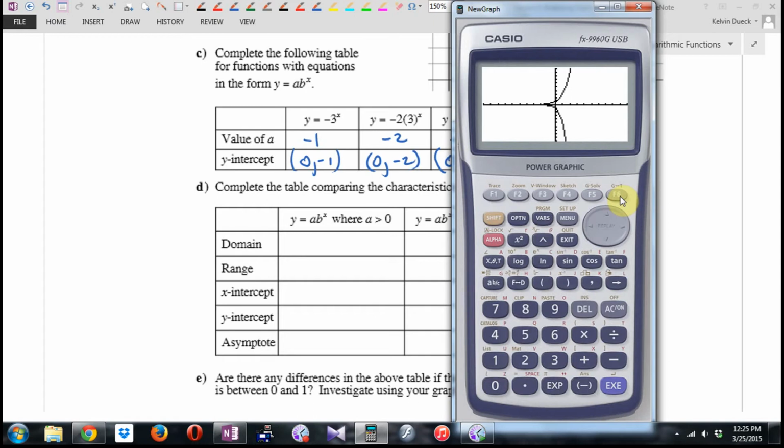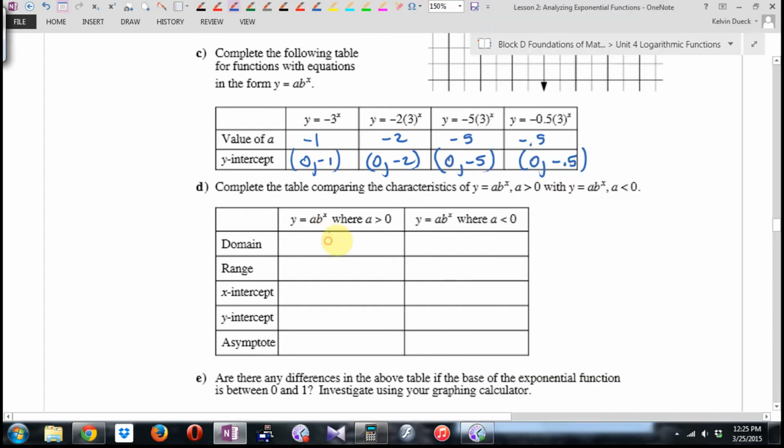But how are they different? What can you tell me about their domains? How far left does each of these go? Forever. It kind of looks like it's hitting the x-axis. Trust me, it's not if we zoom in. How far right? Forever. So, where A is positive or where A is negative, the domain is still all reals.